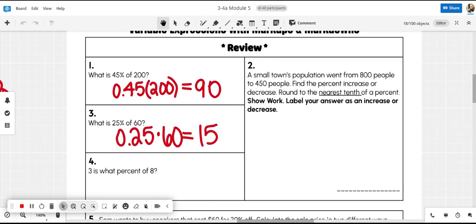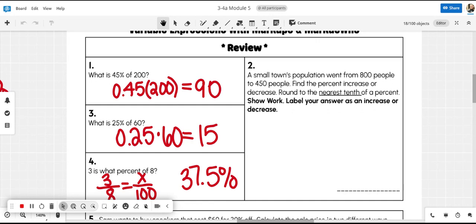So this word we can do is over "of." So 3 is, we don't know the percent, of 8. So you should be doing 3 times 100 divided by 8, and you should get 37.5%.